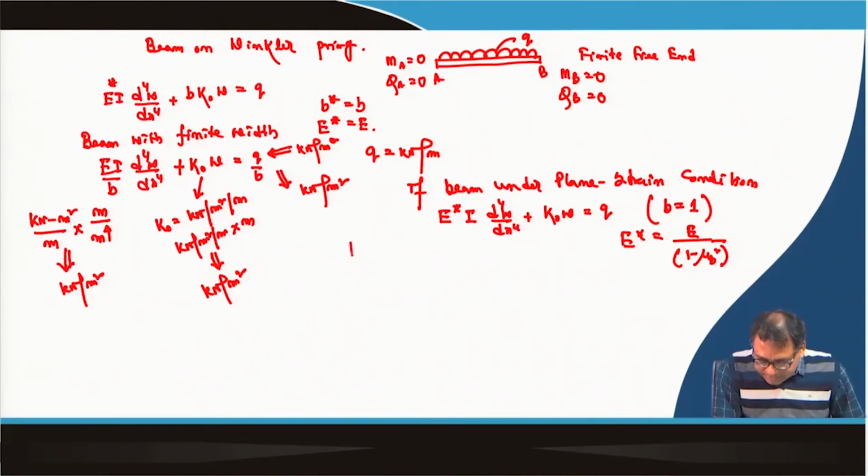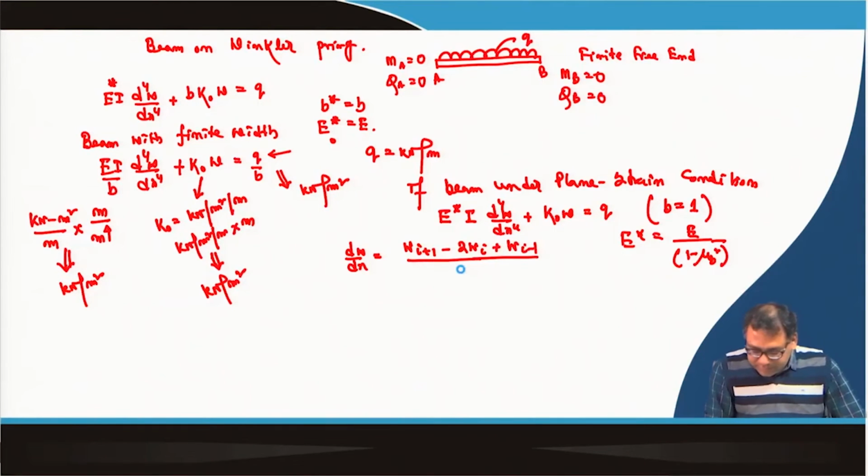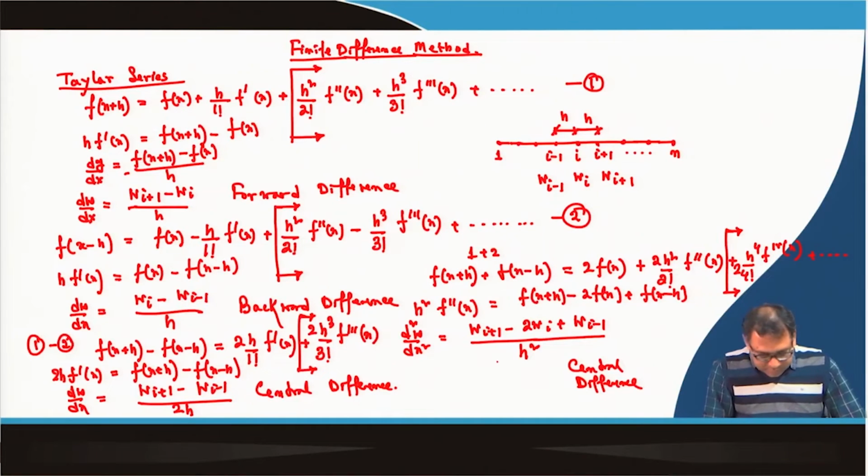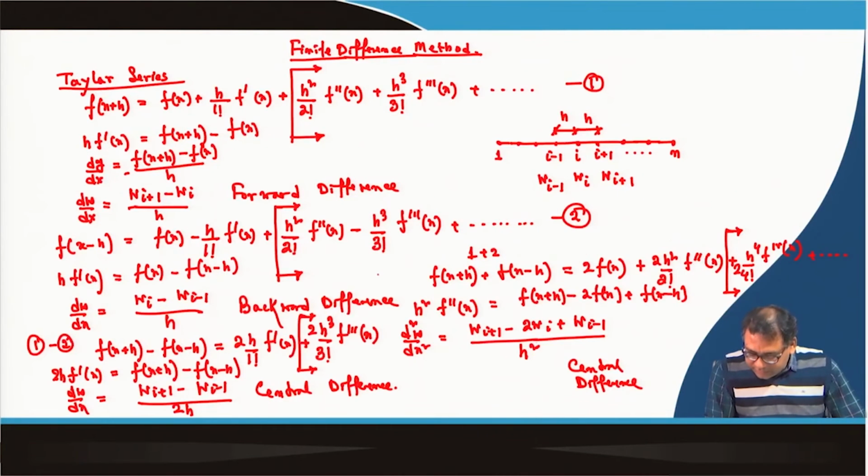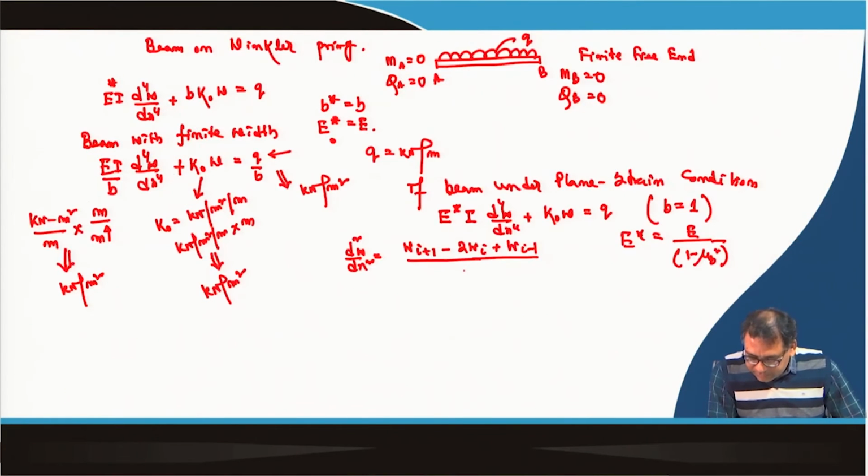The d square W dx square for the finite difference scheme is W I plus 1 minus 2 W I plus W I minus 1 divided by h square, and dW dx is this expression.